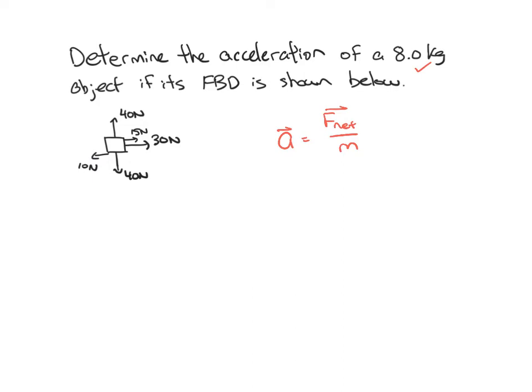So just looking at this free body diagram here, I'll just do it the long way here. I would normally do most of this in my head, but I'll say I've got 40 newtons up plus 40 newtons down.